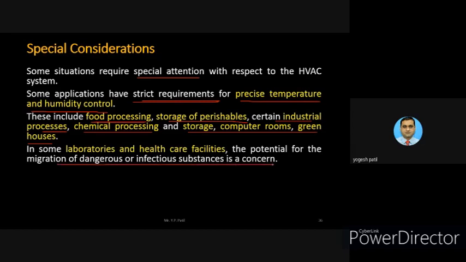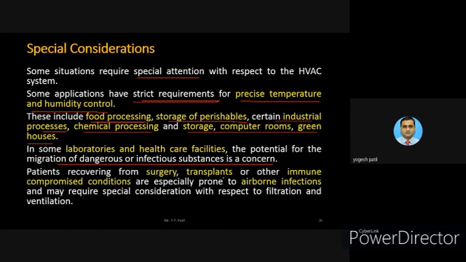In this case, we also have to very carefully give attention to the migration of dangerous or infectious substances to other places, because this airflow mechanism actually carries the things, and actually ventilates the air by providing the coolant.